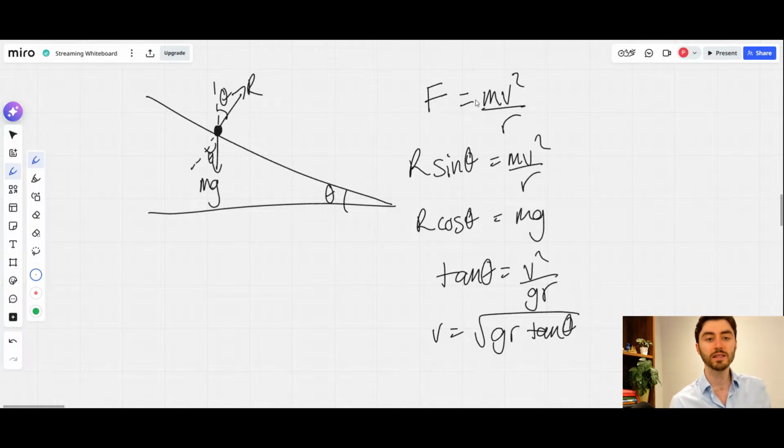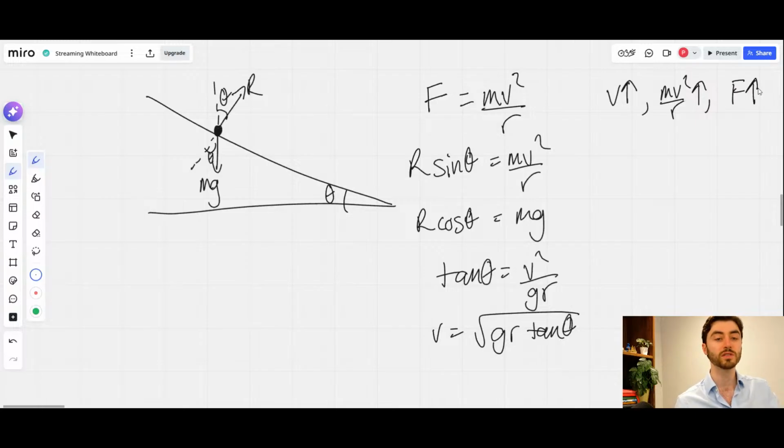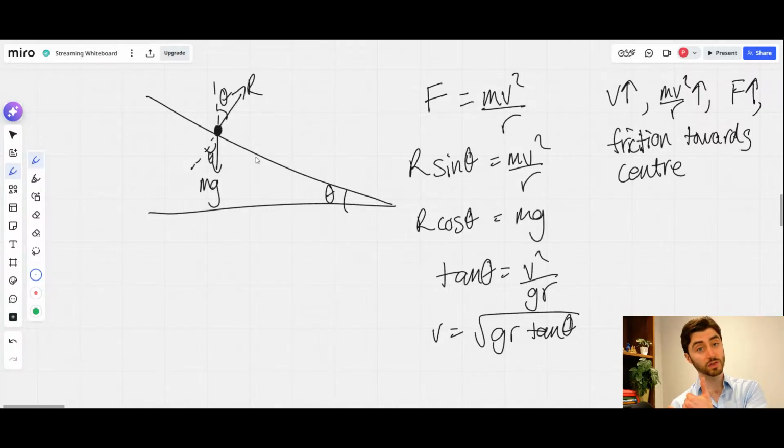But then you need to consider, as if v increases, then obviously mv squared over r will increase, which means the resultant force acting towards the center of the circle will increase, which means that the friction must act towards the center of the circle. So if the friction is acting towards the center of the circle, it is opposing attempted motion. So it would be attempting to move up the ramp away from the center of the circle.